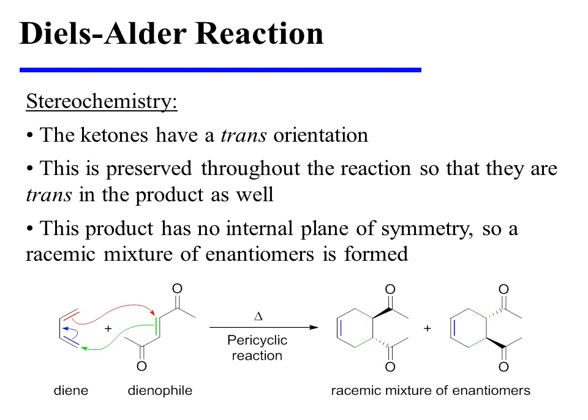If we examine a similar reaction in which the ketones have the trans orientation, we see that that is also preserved throughout the reaction, so that the ketones are trans to one another in the product as well. But in this instance, the product has no internal plane of symmetry, and so a racemic mixture of enantiomers is formed.